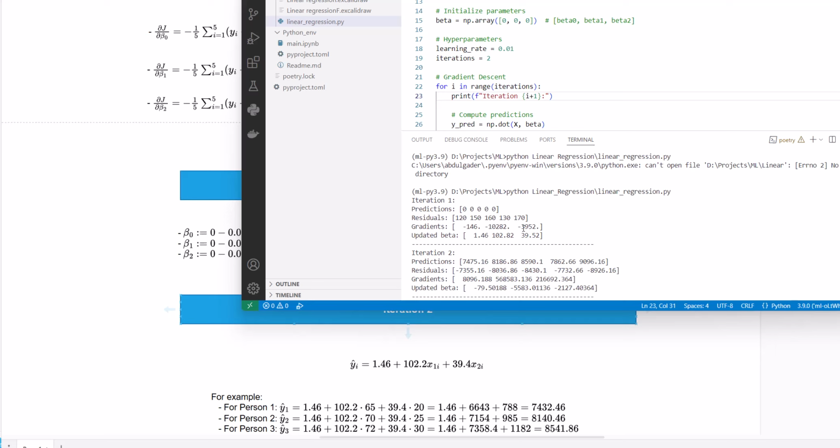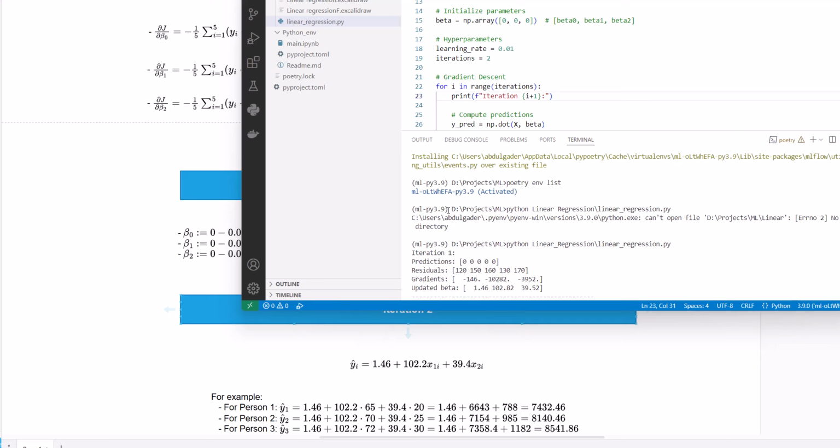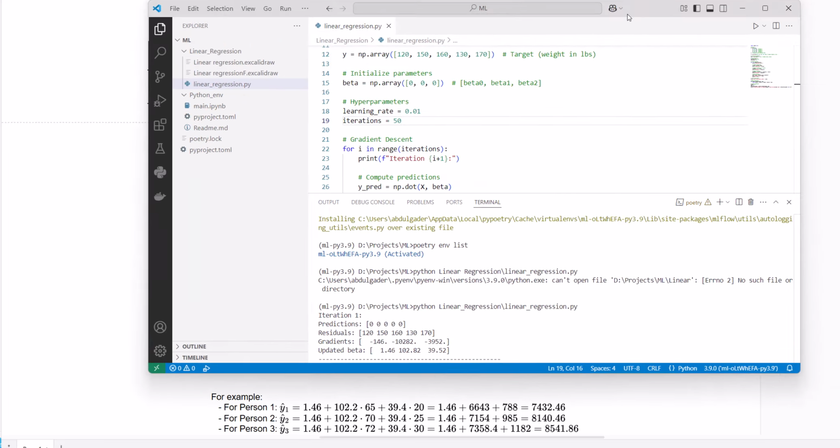But after many iterations, it will try to find the most relevant values. Let me just see if I have 50 iterations. No, this is 20.